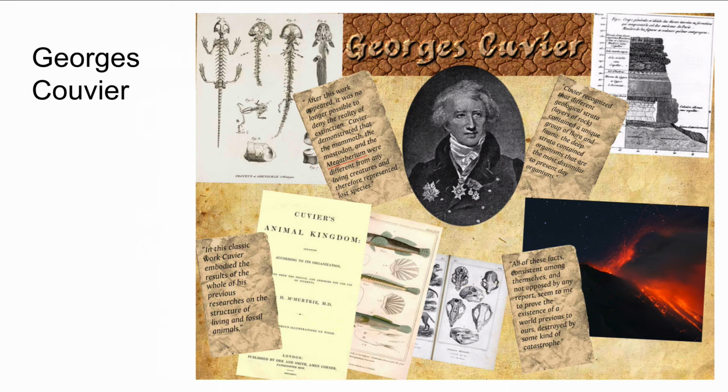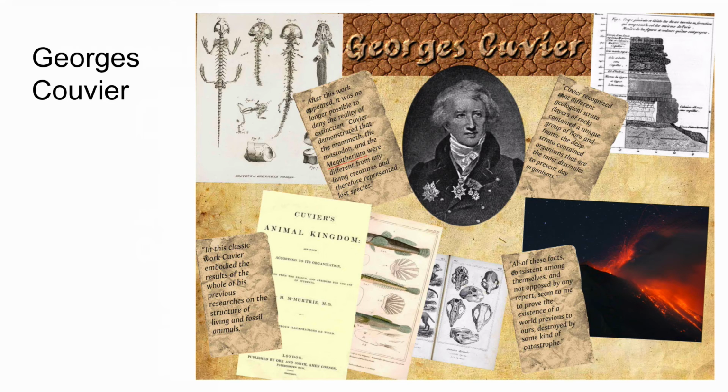The next scientist that I'd like you to look at is Georges Cuvier. I'm going to read from this poster that I have here. Cuvier recognized that different geologic strata, there in the upper right, contain unique groups of flora and fauna, plants and animals. The deep strata contain organisms that are the most dissimilar to the present day. This type of evidence is really, really important.